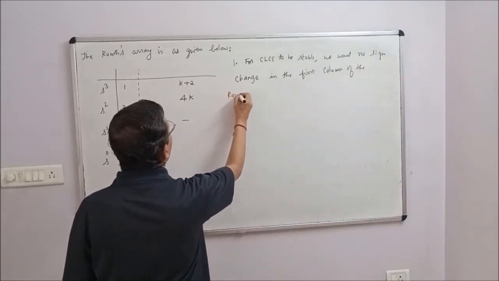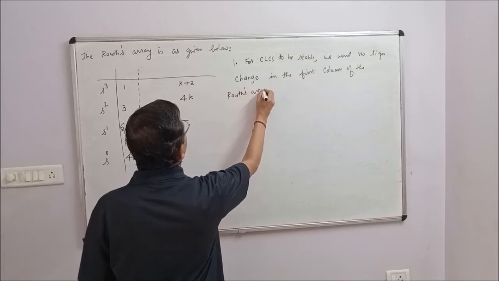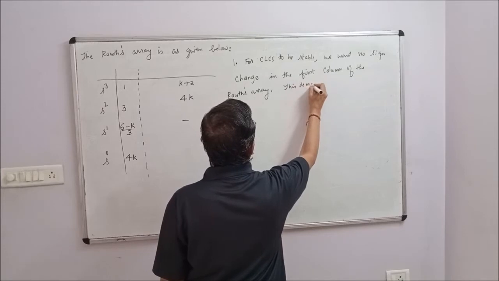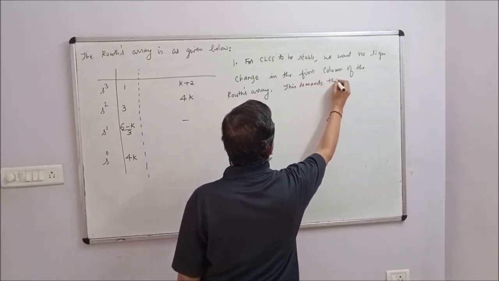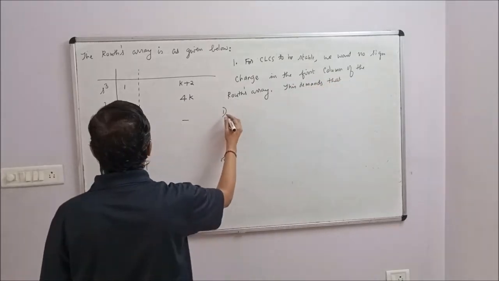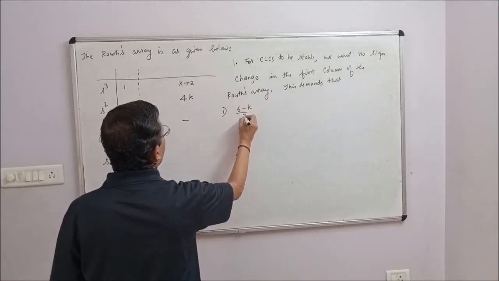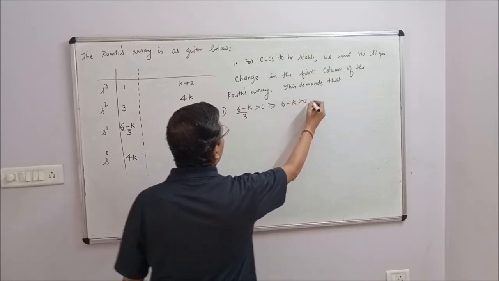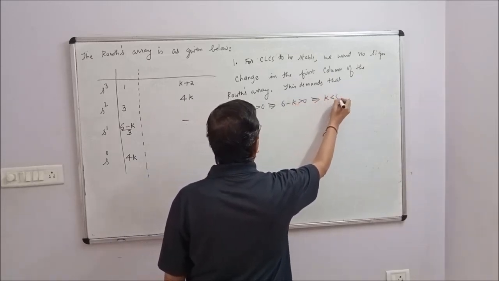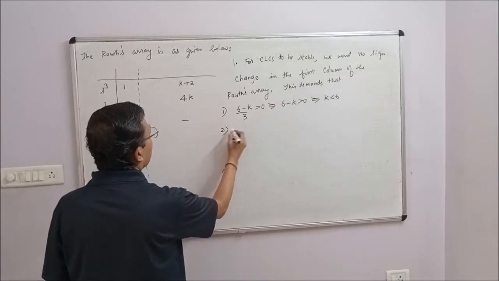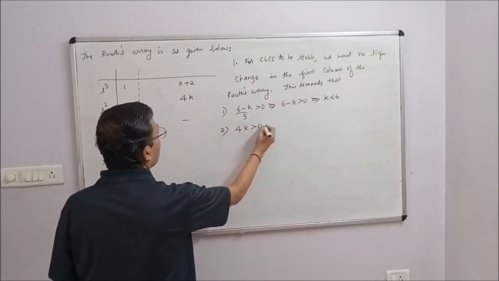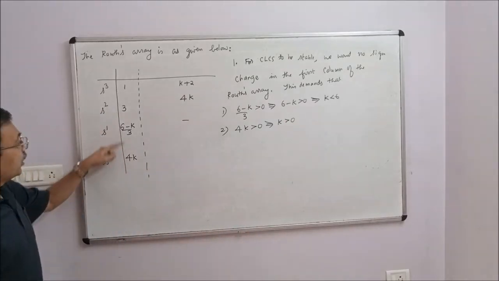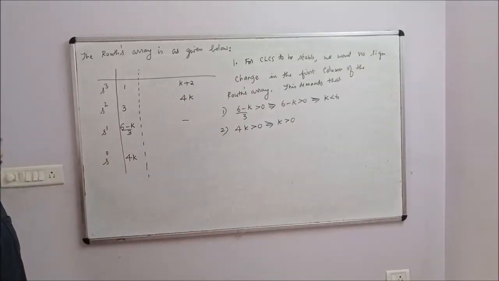This demands that first, (6-K)/3 is greater than 0. This implies 6-K greater than 0, which implies K less than 6. Second condition is 4K greater than 0. This implies K greater than 0. Both these entries must be positive.